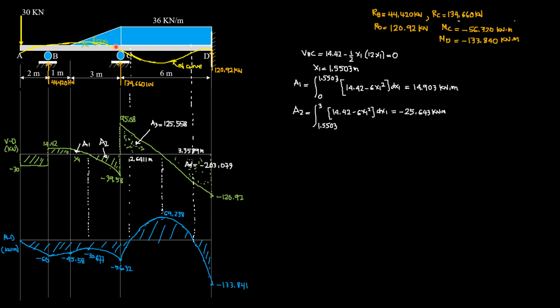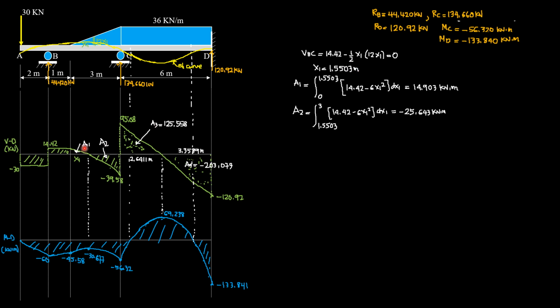So 12x1, therefore the shear in BC is 14.42 minus this area 1/2 of x1 times 12x1. And we equate it to 0 to solve for x1 because we want to find this point where shear is 0. And solving for x1, it is 1.5503 meters.